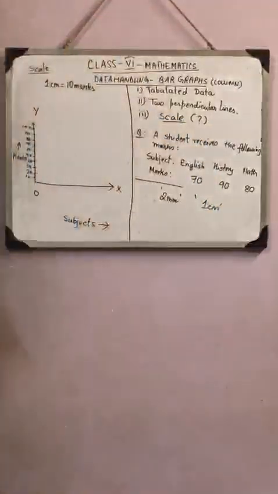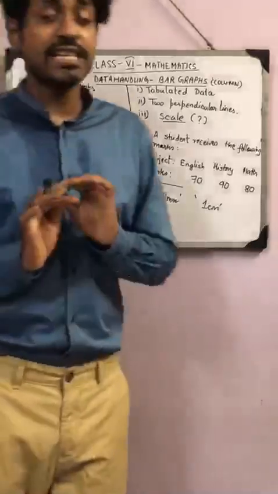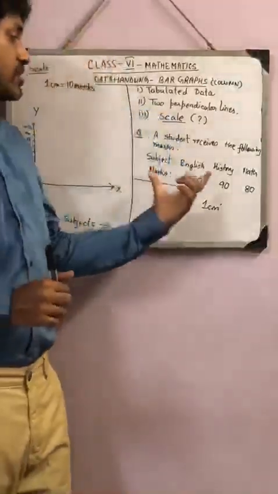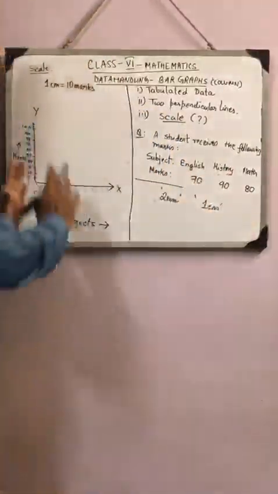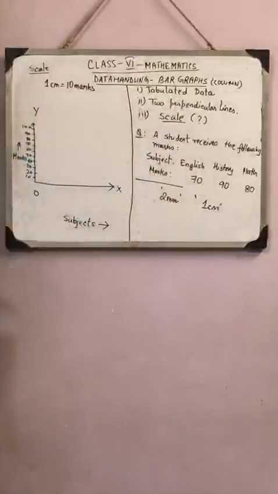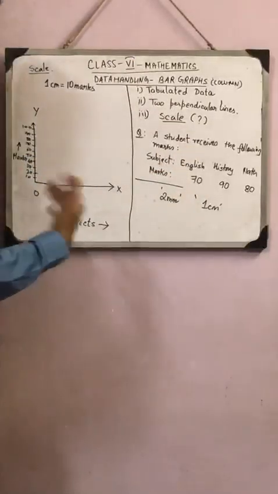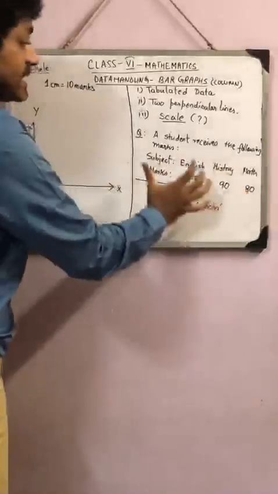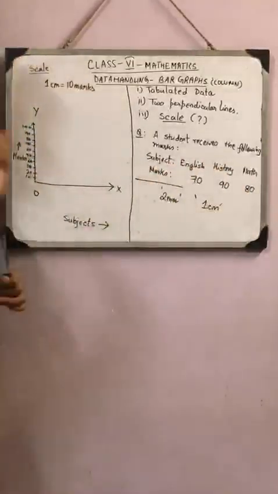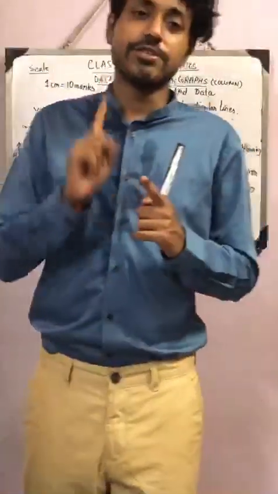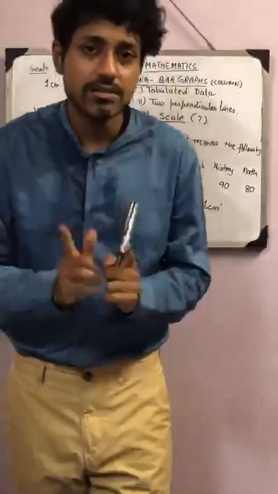Coming back to the problem at hand, you can choose any scale you wish, but it should consider all of the numbers and make use of the maximum graph. Now, how do we decide the subjects and how to write them? Make sure the bars are evenly distributed, at even intervals from each other.